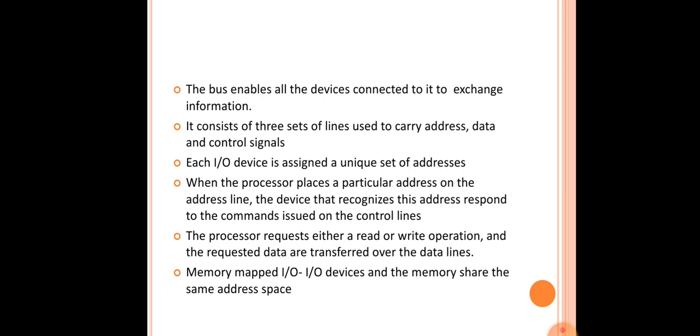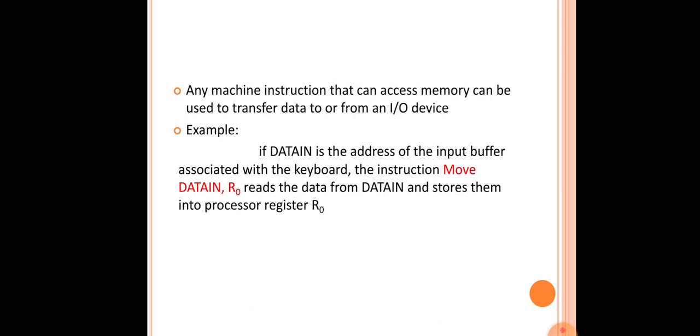If the IO devices and the memory share the same address space, that type of arrangement is called as memory mapped IO. The advantage of memory mapped IO is that any machine instruction that can access memory can be used to transfer data to or from an IO device also.